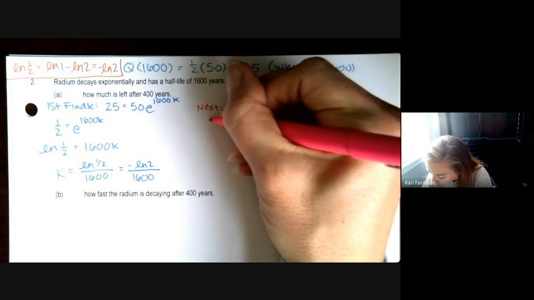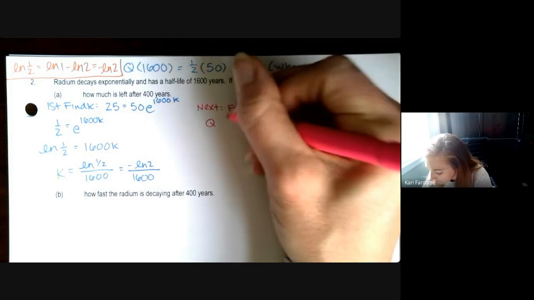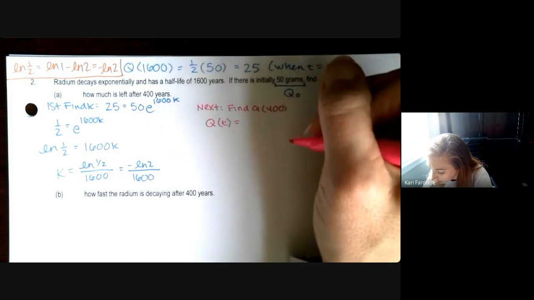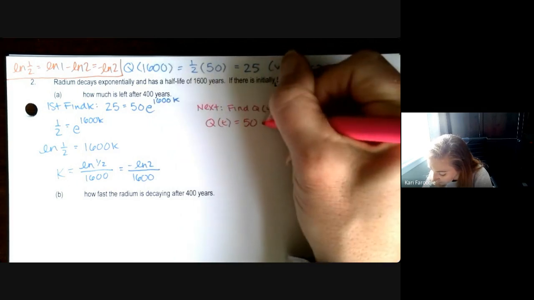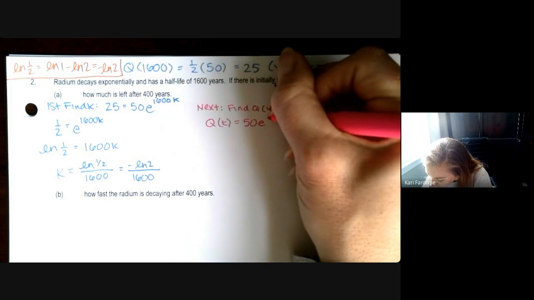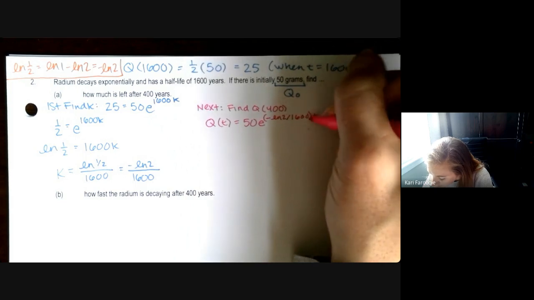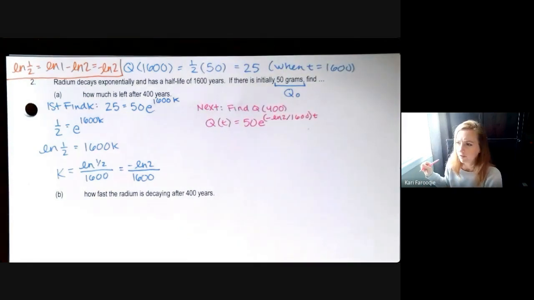Okay, so now I can go ahead and write the function. I'll just go ahead and rewrite the whole thing. Q of T is the initial amount times e to the negative ln 2 over 1600 times T. I know it's so much, but leave it exact. Your reward will be at the end when your answer is exact and you're not trying to enter all these bizarre decimals into WebAssign.